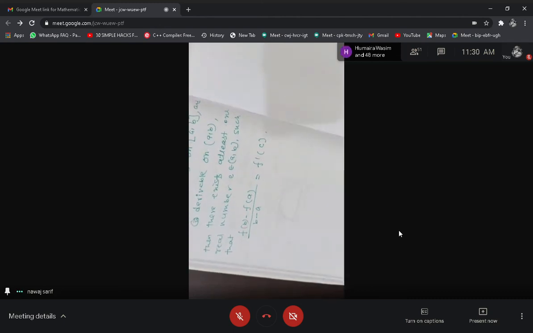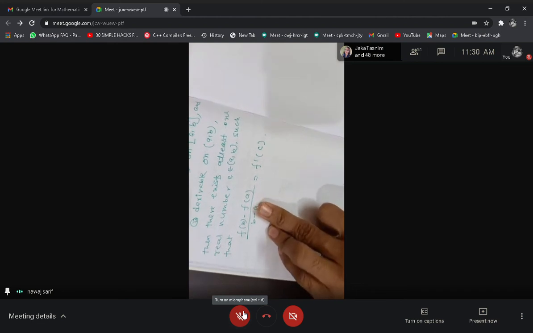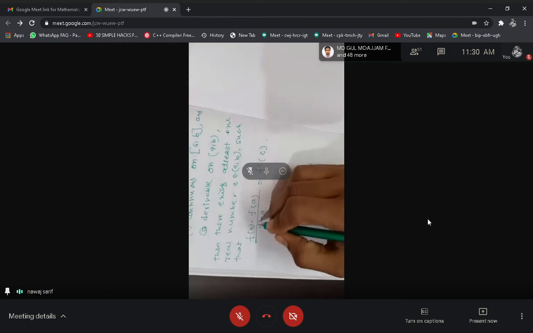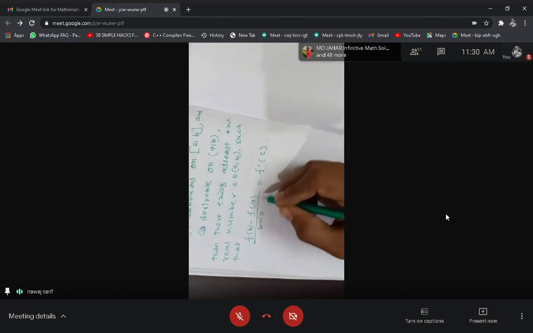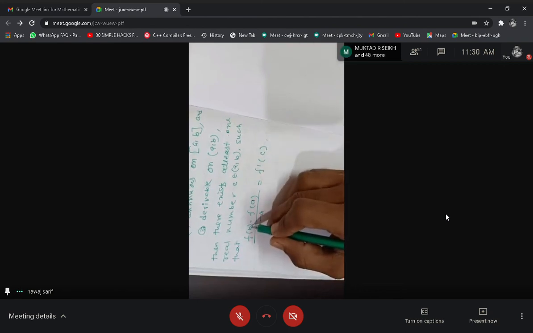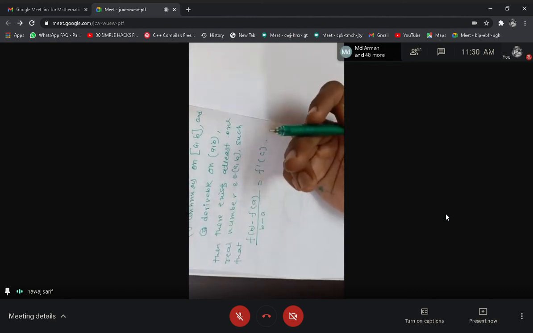Yes, f of b might not be equal to f of a in Lagrange's mean value theorem, we don't say that it is zero. It may or may not be 0. So if f of a equals f of b, in that case f dash c equals 0. That means Lagrange's mean value theorem is more general.